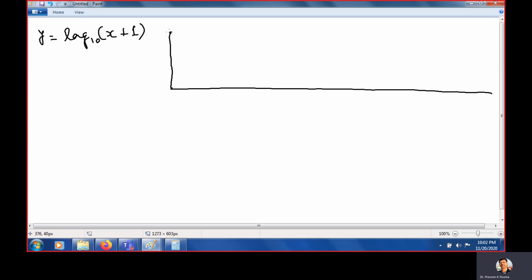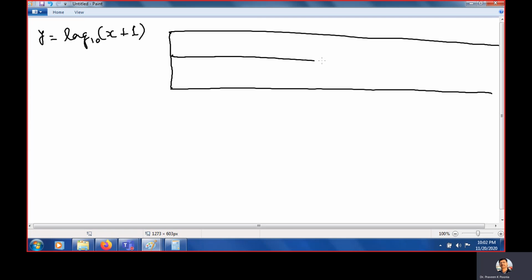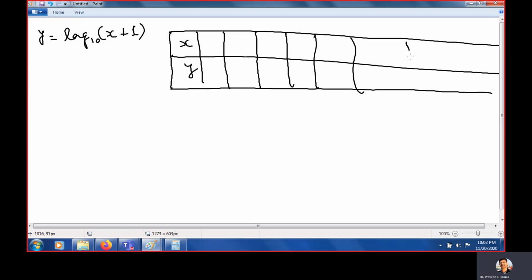Look, what is the difference? x, y. If you see here, it is log of x plus 1. If I put x equal to 1, it will be log 2. It is not 0.